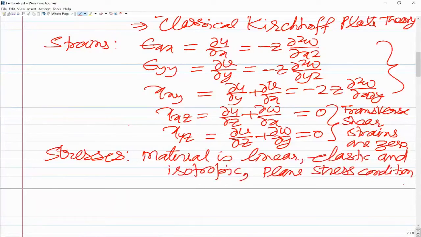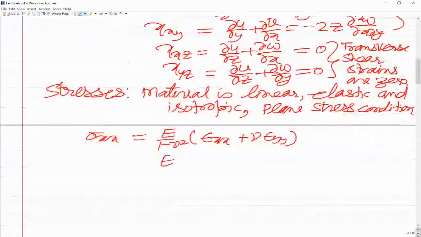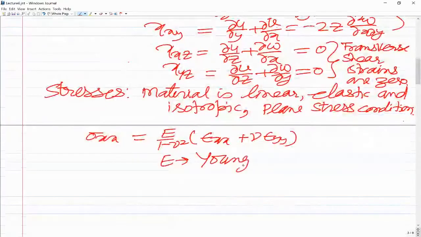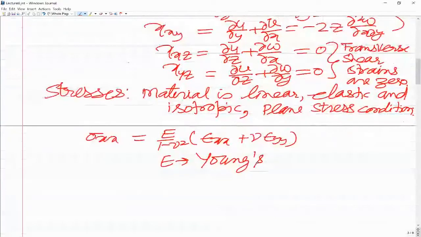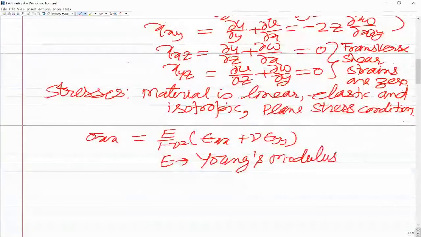Now if you look at these stresses, in the last class also we wrote the stress strain relation for the plane stress case. Same relation you would have, sigma xx would be E upon 1 minus nu square into epsilon xx plus nu times epsilon yy. E is Young's modulus and nu is Poisson's ratio.